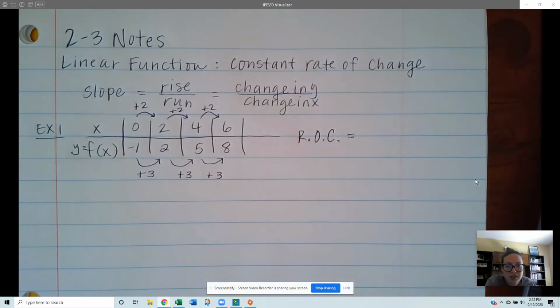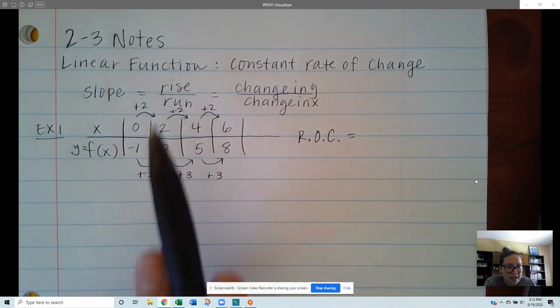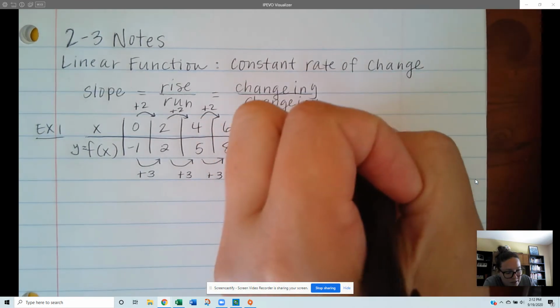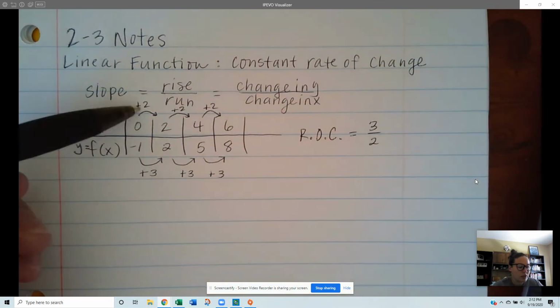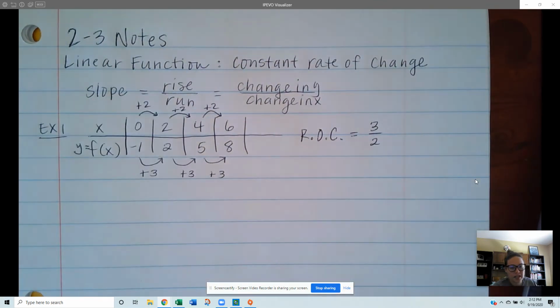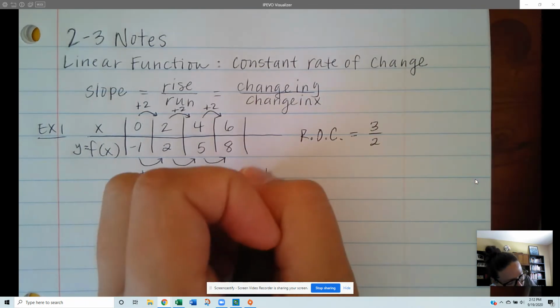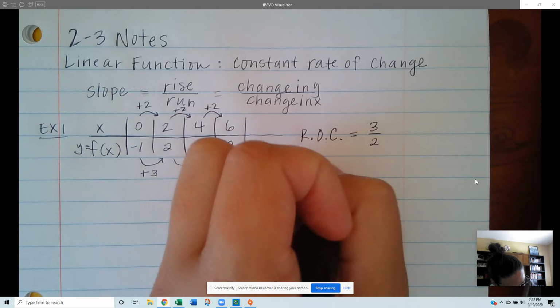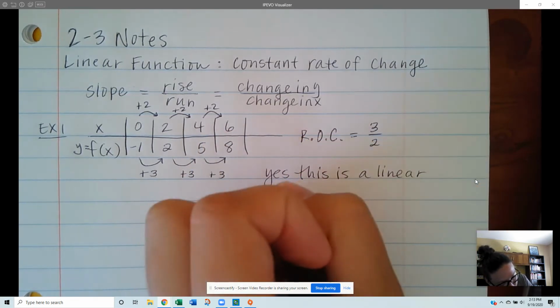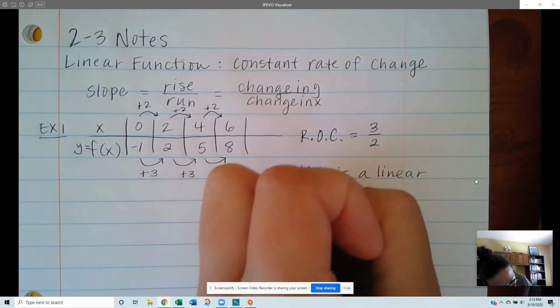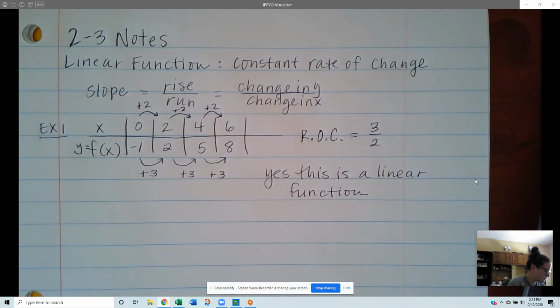Rate of change is the change in y over the change in x, which is 3 over 2. And it's 3 over 2 for every change. So yes, this is a linear function.